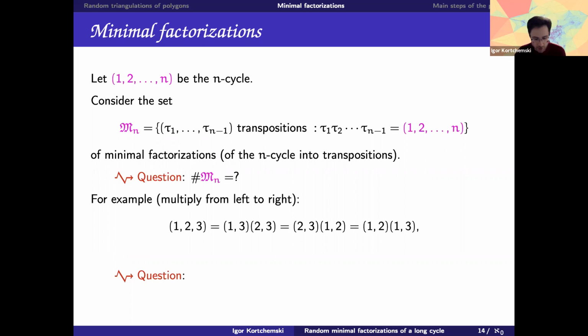For example, if we multiply things from left to right, it's not very difficult to check that for n equal 3, you have exactly 3 such factorizations.